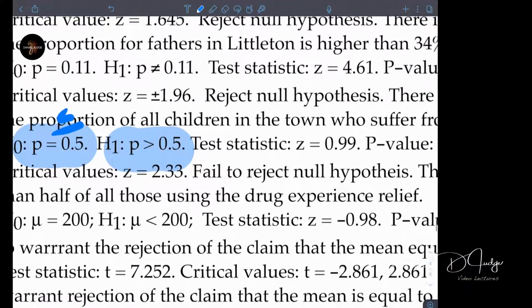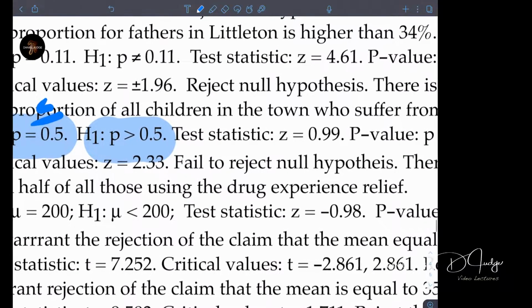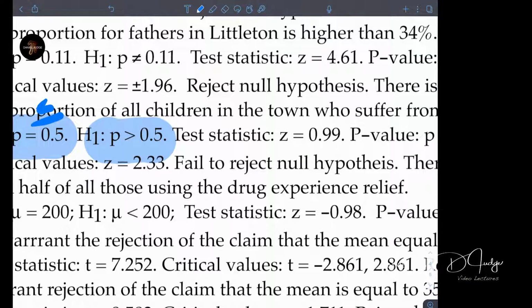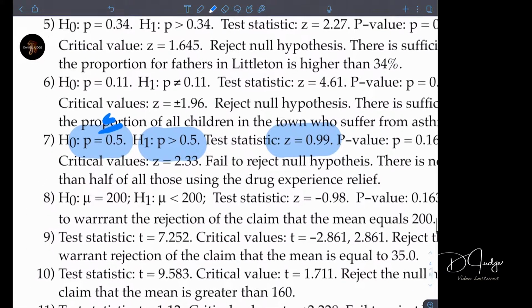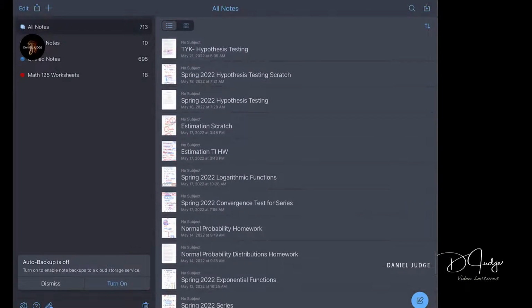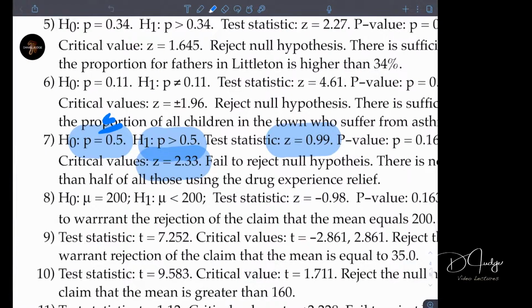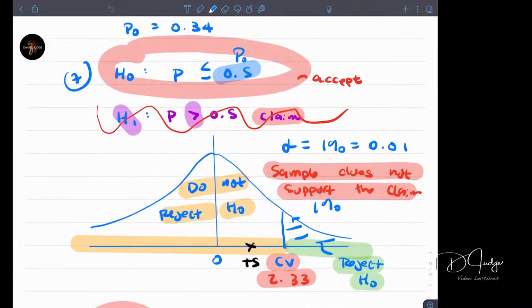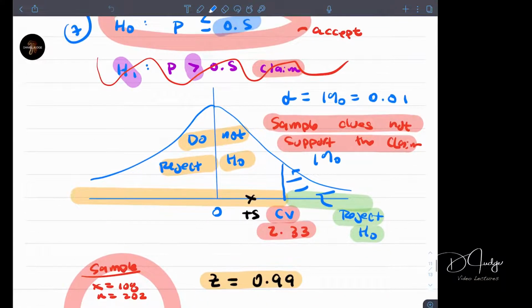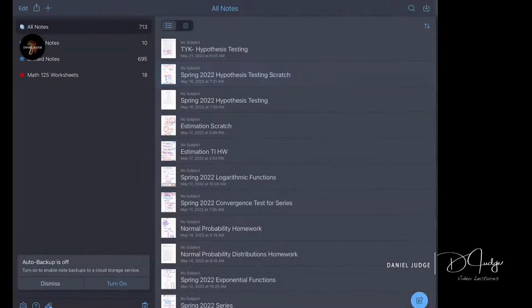The test statistic is 0.99 to the hundredths. We have 0.985, so yes, to the hundredths, it's the same value. The critical value we had was 2.33, I believe. I think that was the same for the one we just did. Let's double check. Sure was.